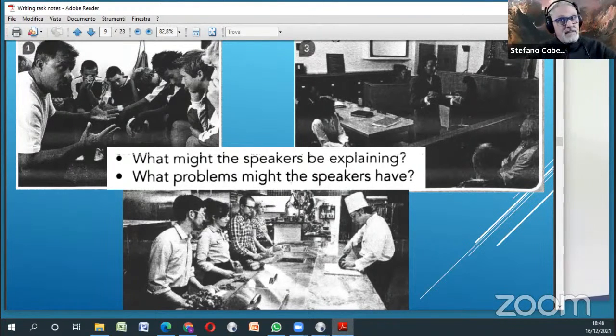On the other hand, in this photograph for the chef, it looks like we have a group of maybe ordinary people doing a cookery course, and he's explaining how to use a special knife to cut vegetables, or he's explaining how to use a particular technique. The problem here is to motivate the kids, and he has to use the right language, the right terms, the right body language to be convincing.